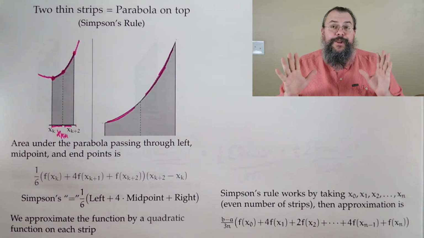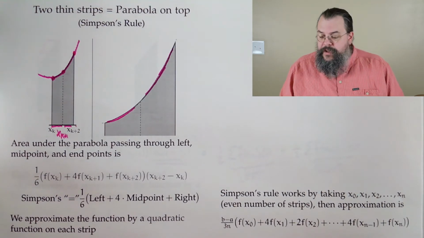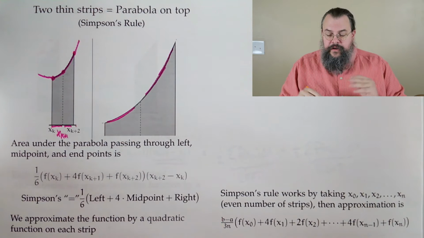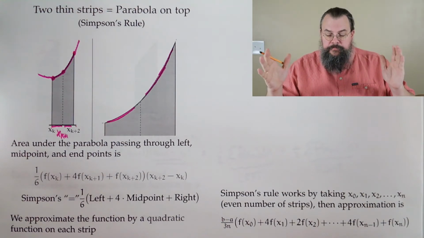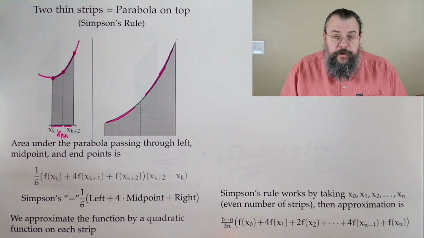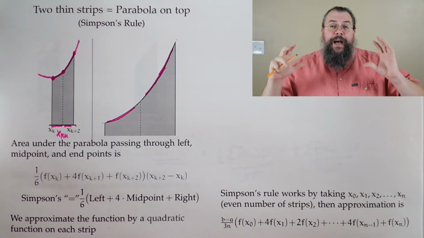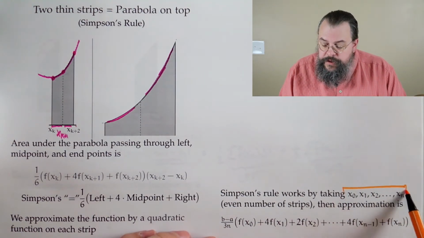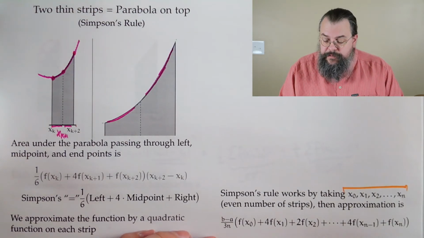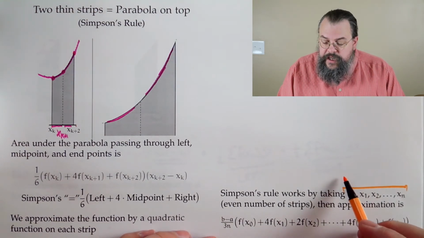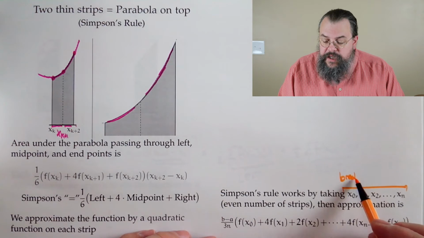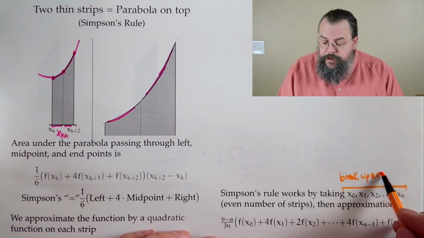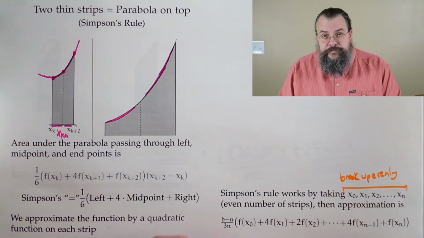What we end up with is the following. We get b minus a, so that's from a to b, over 3n. Now, what's happening here is this assumes, and when we're doing numerical integration, we make this assumption, that we break up evenly. Technically speaking, you don't have to break up evenly, but almost always we will make that assumption.